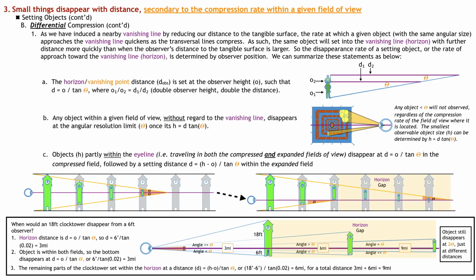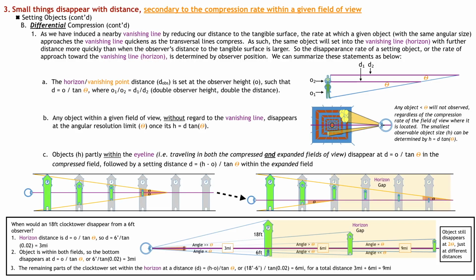So the object is within both fields, so the bottom disappears at d equal to observer height divided by tangent theta. So again, the bottom 6 feet of the clock tower is going to disappear at 3 miles. Okay? Now we're left with what's remaining. Once that clock tower gets to the 3 mile mark, we're only going to see the top 12 feet of the tower.